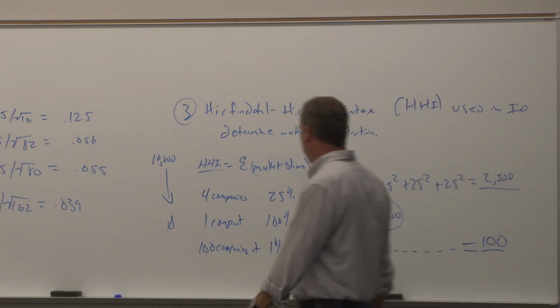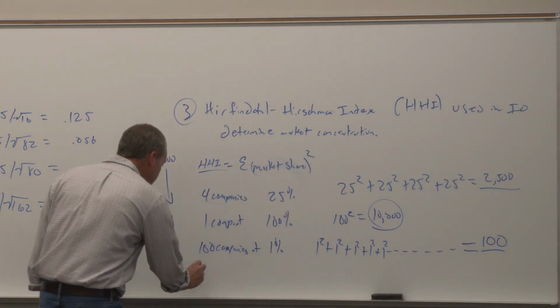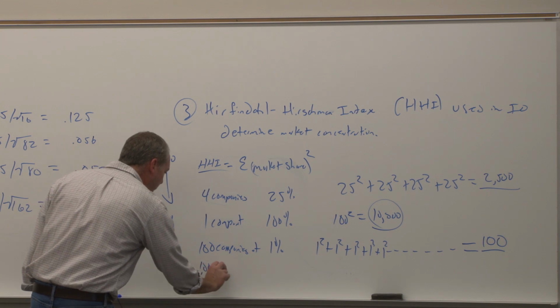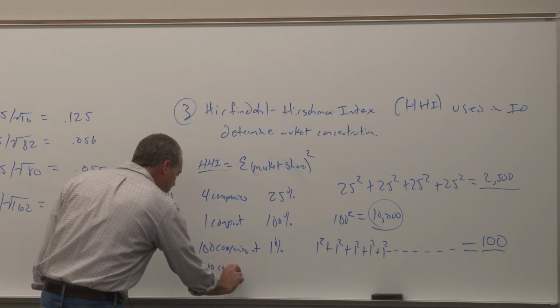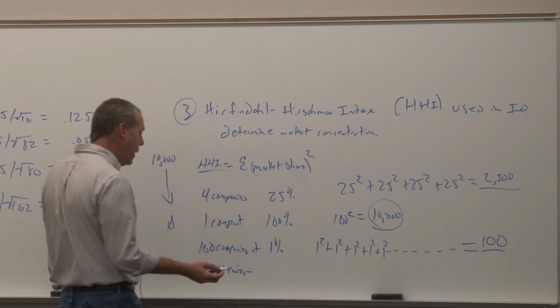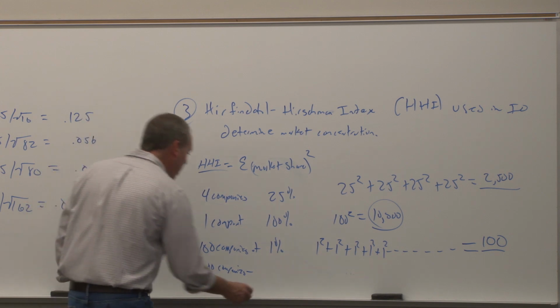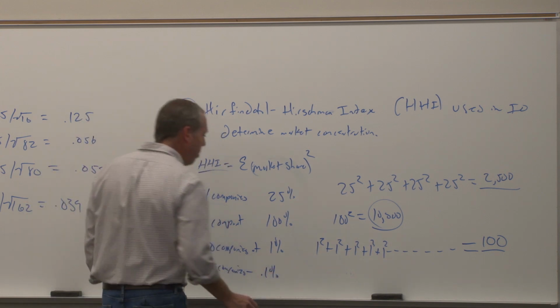Because if you had 1,000 companies, and they each had equal market share, it's going to be 0.1%.